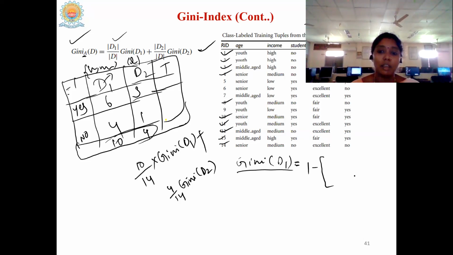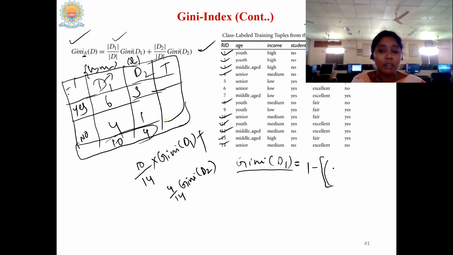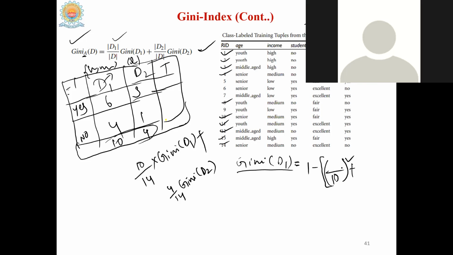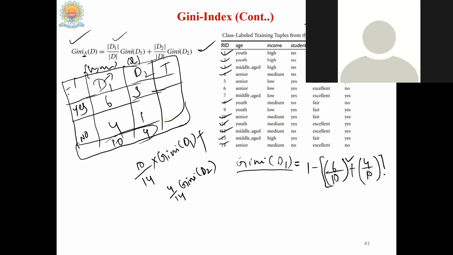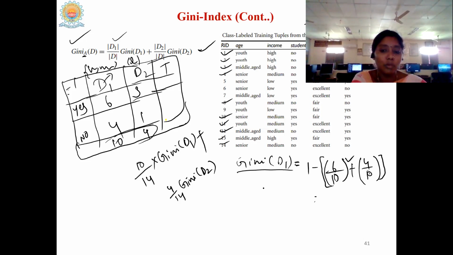So here, P1 square plus P2 square. Out of total 10 tuples in D1 partition, how many are from S? 6, ma'am. Next, how many are no's? 4. So this value gives the GINI index of D1.